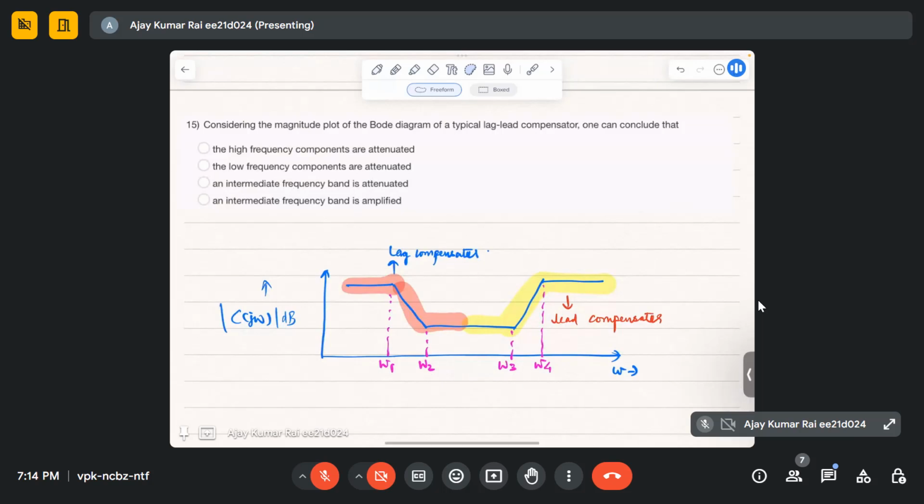One can conclude that the high frequency components are attenuated. So what do you say about this first statement? Let's go statement by statement, right? So let's comment on this first statement: the high frequency components are attenuated for this Bode plot. What can you say?